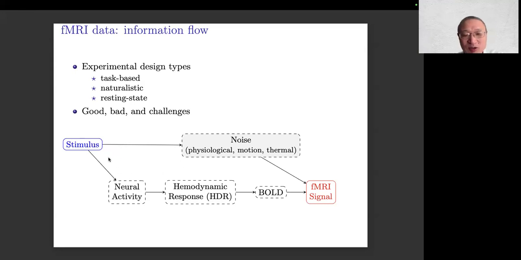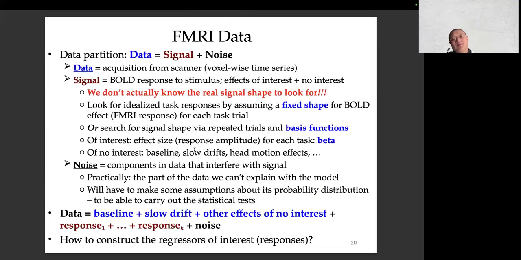So that's the challenge we face. Let's just ignore the neural activity. Suppose we want to focus on whether, given a stimulus, we can say something about the BOLD response. Even for that, we face the challenge of the noise, how to characterize the noise. That brings us to the next slide.